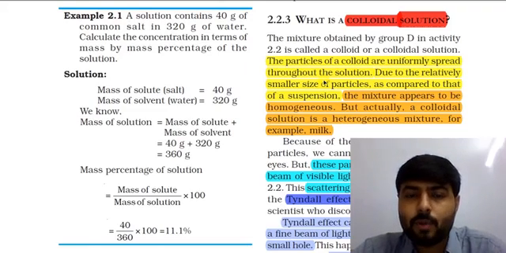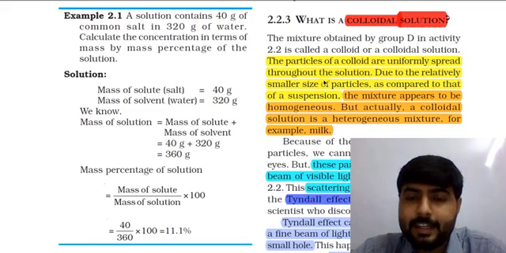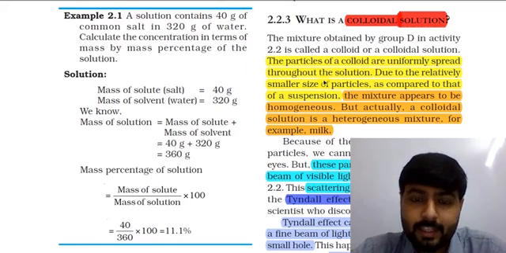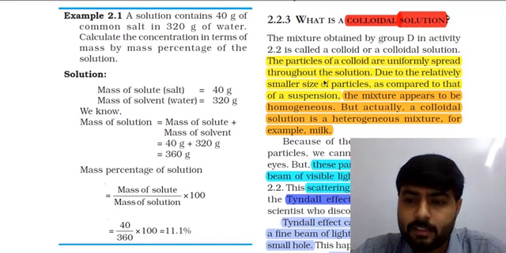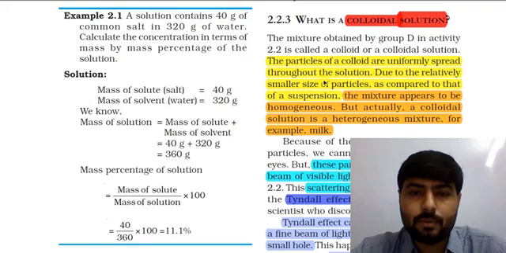Here the colloidal solution looks like a homogeneous mixture, but it is actually a heterogeneous mixture. So if in exam we are asked for the type of mixture of colloidal solution, we have to write heterogeneous mixture.